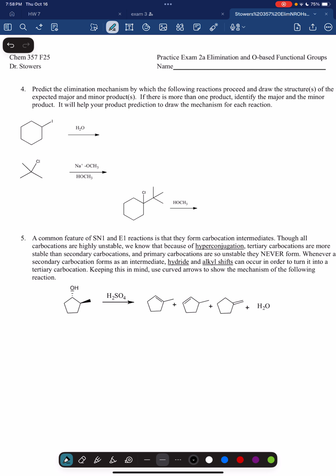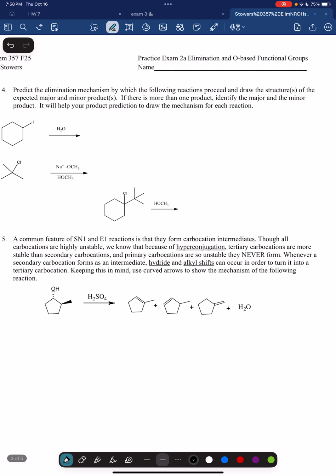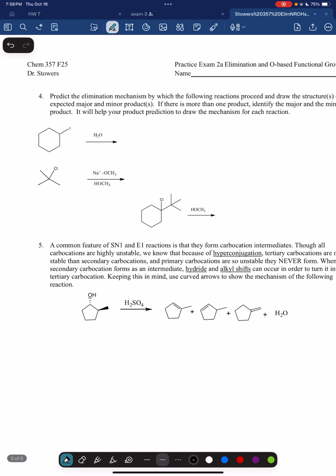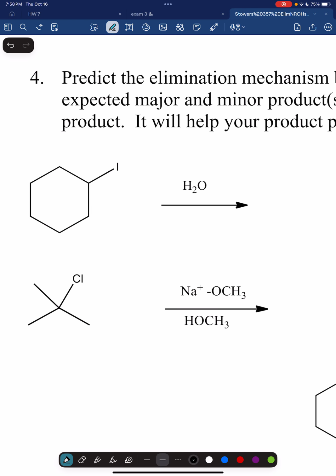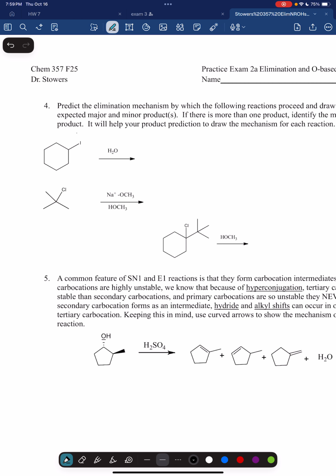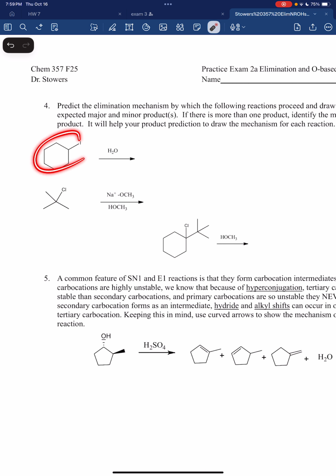Question 4, predict the elimination mechanism by which the following reactions proceed and draw the structures of the expected major and minor products. If there is more than one product, identify the major and the minor products. It will help your product prediction to draw the mechanism for each reaction. All right, so to start off with the first one, what I always like to do is first look at what type of carbon this is attached to.